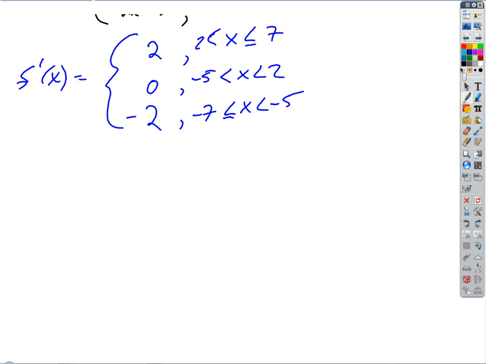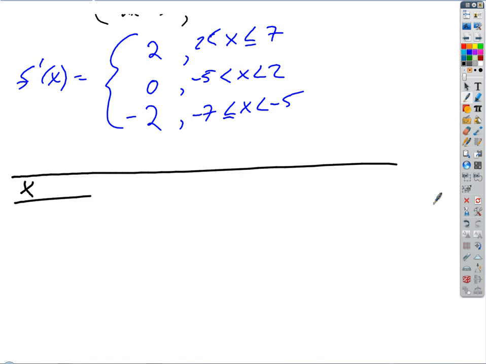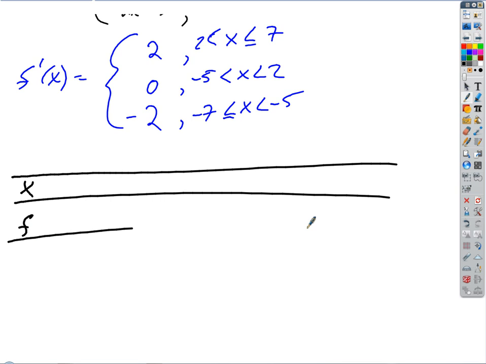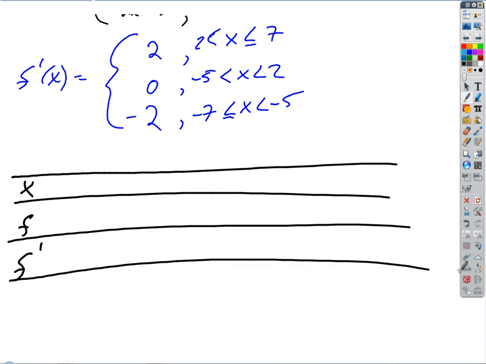Then remember this table we drew where we had x and f prime. We're going to start using this table a lot, so you get used to this. Our interval went from -7 up to +7. And on that interval, how many critical numbers did we get? Well, everything between -5 and +2 gave us a slope of 0.